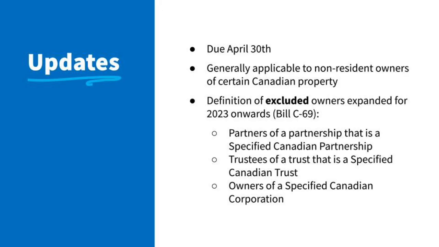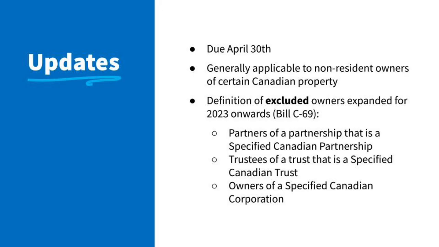But I do want to note that the definition of excluded owners was expanded for 2023 onwards in Bill C-69. So in 2022, when the legislation first came out, the partners of a partnership, even if they were a Canadian partnership, same with trustees in a Canadian trust and owners of a Canadian corporation, got caught in the filing requirements.